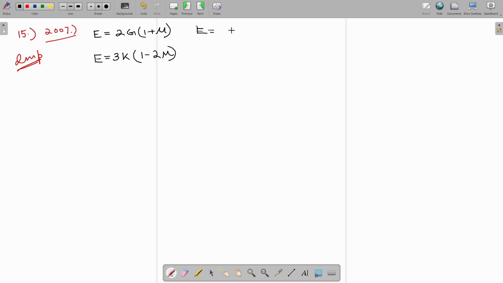E is equal to 9KG by (3K plus G). Another equation is mu is equal to (3K minus 2G) by (6K plus 2G). K is the bulk modulus.